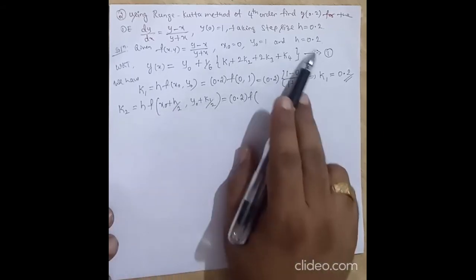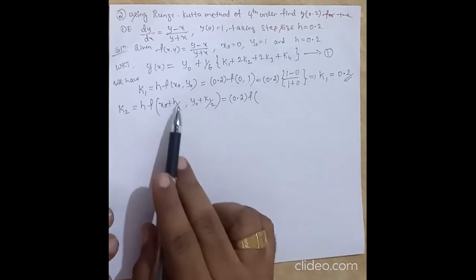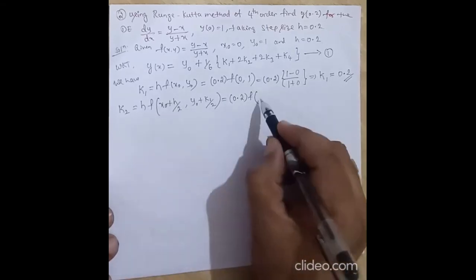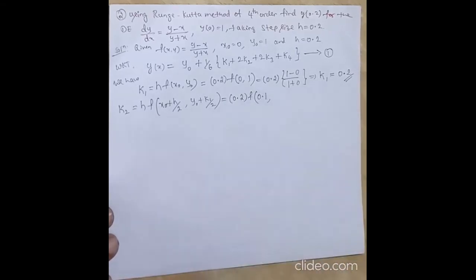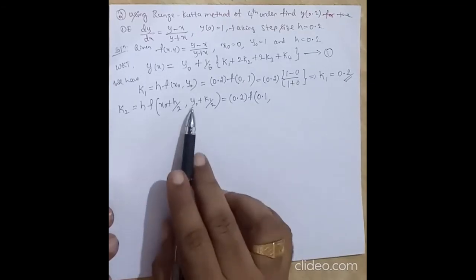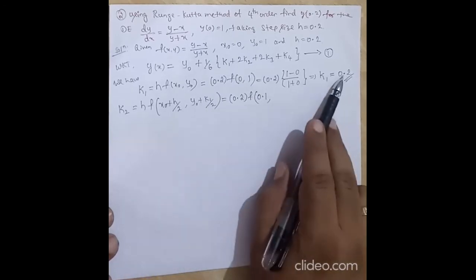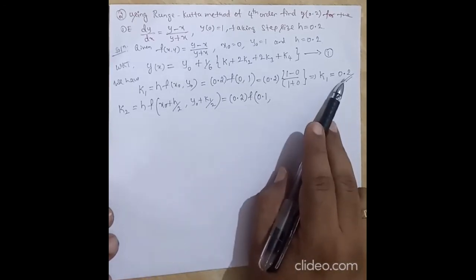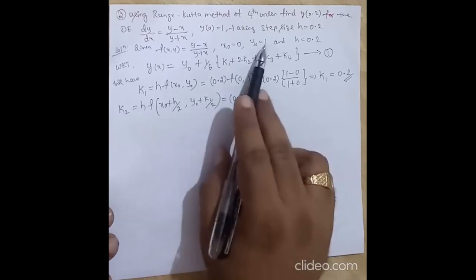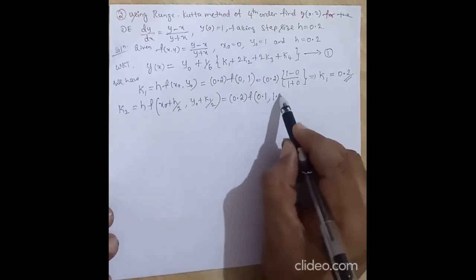What is h? 0.2. So it is 0.2 divided by 2. It becomes 0.1, comma y naught. Y naught is 1. See this, k1 by 2. K1 is 0.2. So 0.2 by 2, so it is 0.1. 0.1 plus 1, so it gives 1.1.